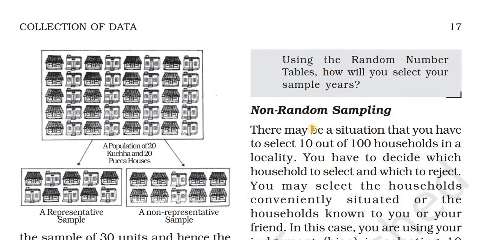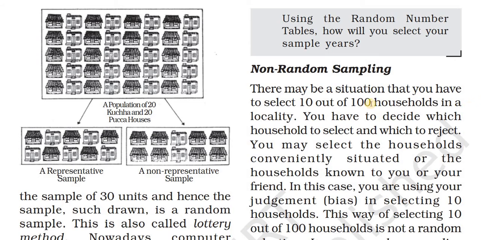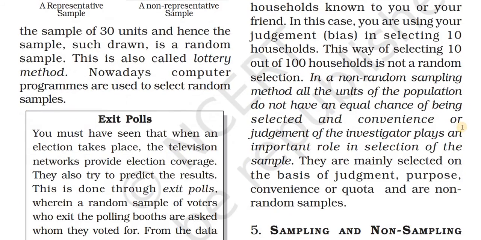Next one is non-random sampling. See, 10 out of 100 households in a locality, you have to decide which household to select and which to reject. That is non-random sampling. In a non-random sampling method, all the units of the population do not have an equal chance of being selected, and the convenience or judgment of the investigator plays an important role in selection of the sample.